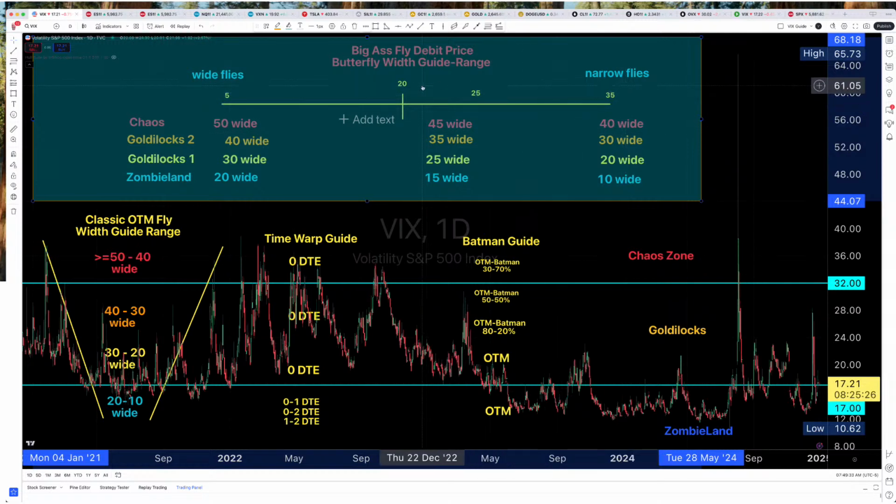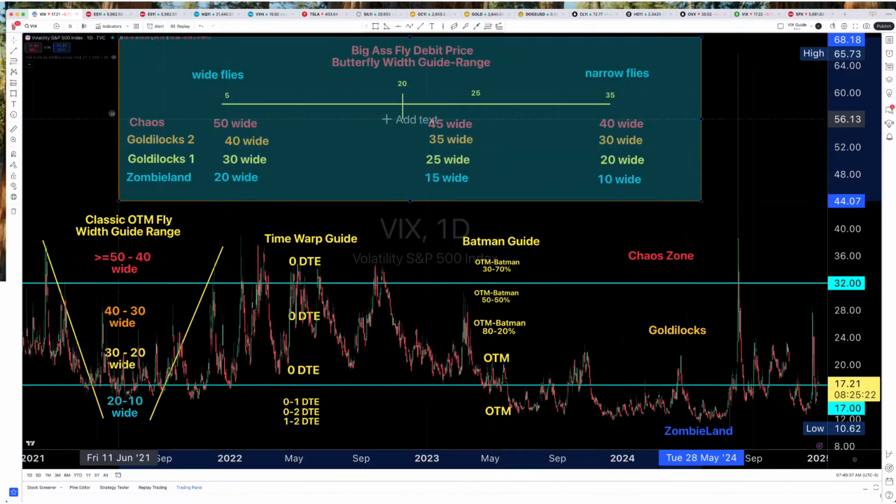So the first way we use this big ass fly is to determine how wide we're going to go, or what end of the scale we're going on. So that's the first thing. And if it's below a certain number, this number 25, then it starts becoming a trade in its own right. So we use the out of the money super wide, 50 wide fly first as an indicator to help us judge how options are being priced that morning.